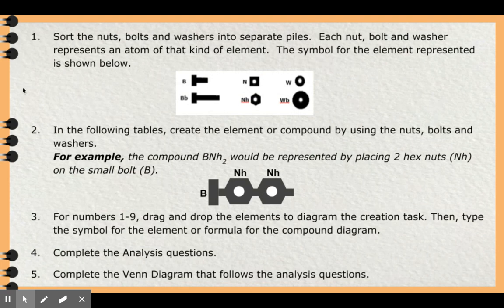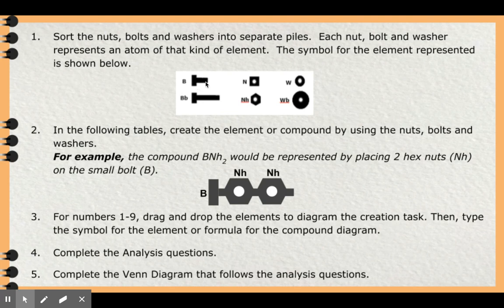These are the instructions. These are also the instructions that were on the paper copy of the lab, so they are transferred digitally word by word. Number one, you're going to sort the nuts, bolts, and washers into separate piles. You do not have to do that with this because there are no actual hands-on physical nuts and bolts for you to do. Each nut, bolt, and washer represents an atom of that kind of element. The symbol for the element represented is shown below.